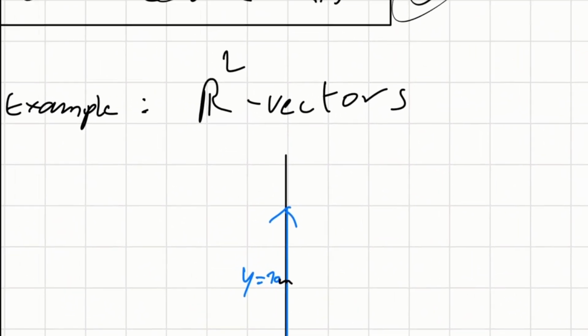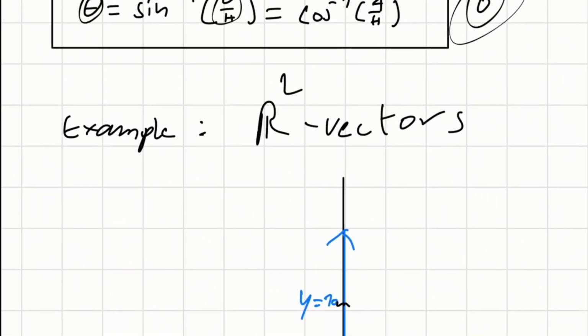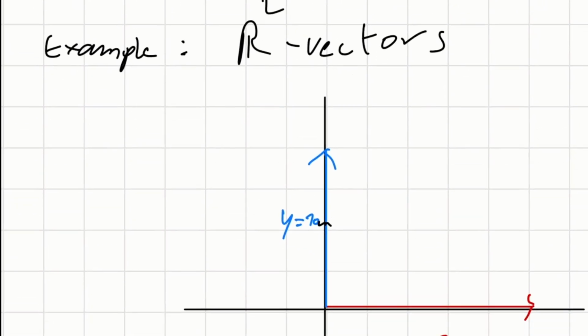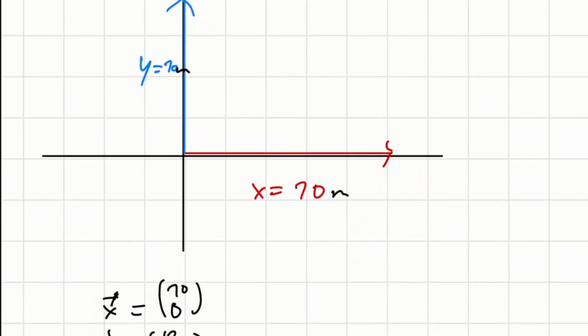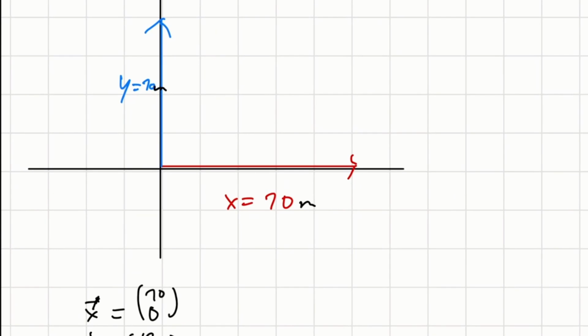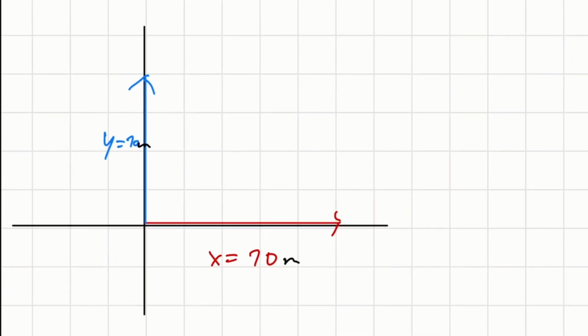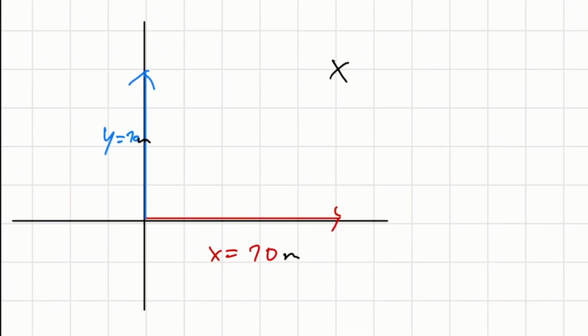So let's say we have a two-dimensional space, or R2 space, and let's have a look at vectors in the space. Imagine you want to walk to a certain point x, and let's say this is your favorite park. To get there you have to walk 10 meters to the north.